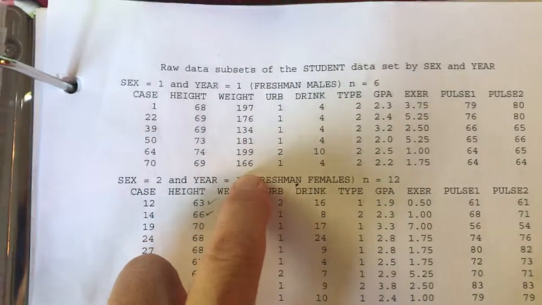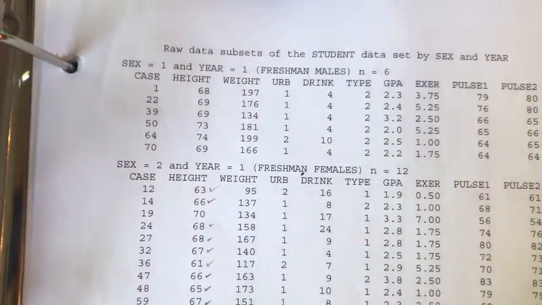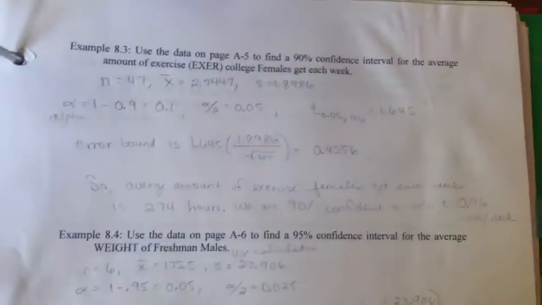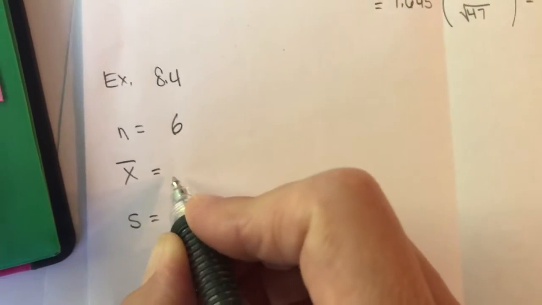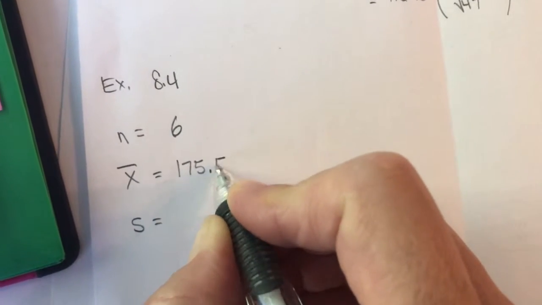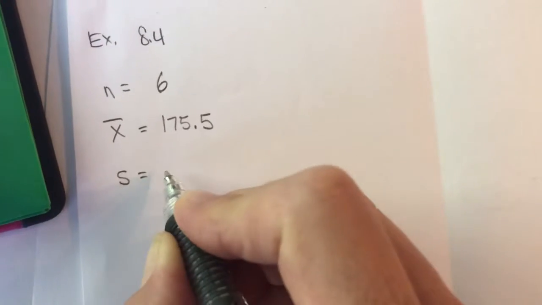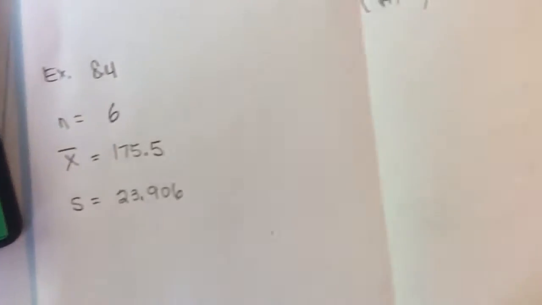You're going to have to put those in to find your mean and your sample size. So pause your video or do what you got to do, but find that real quick. Try it on your own. And then I'm going to write that down. You should have found, if you did it right, that there's the average weight in pounds of a freshman male. And then here was my standard deviation right there.